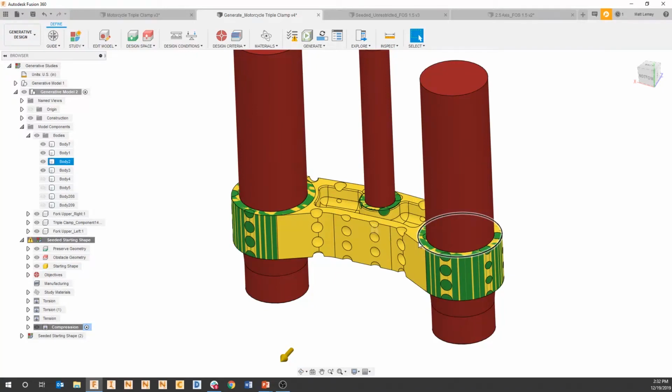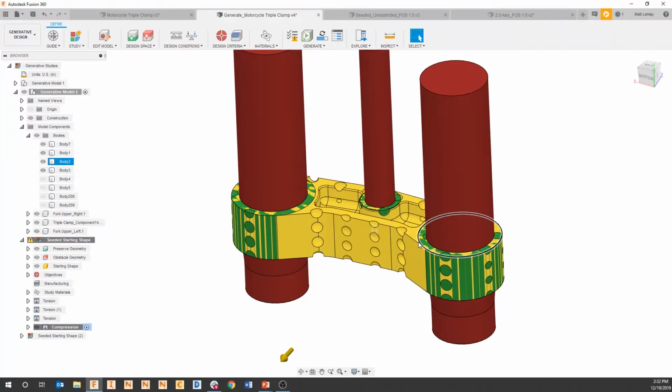What this allows us to do when we go to the Explore environment later on is it gives generative design more surface area to solve with, providing you not just a solution quicker, but also a more organic and complicated solution. Now, that may be a good or a bad thing.